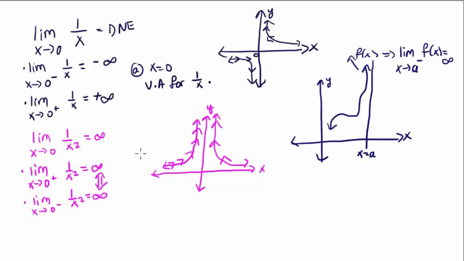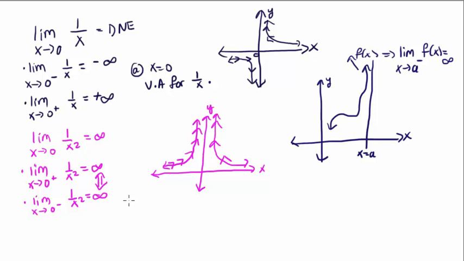Now I'm just going to state it. I'm not going to write 6 different rules for it, but I'm going to say it verbally and you'll get the idea intuitively. If the limit from the left is equal to positive or negative infinity, or if the limit from the right-hand side is equal to positive or negative infinity, or if both the positive and the negative side are equal to positive or negative infinity, then we say there is a vertical asymptote at that point x equals a.